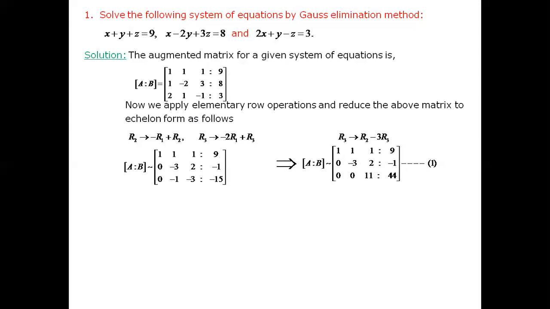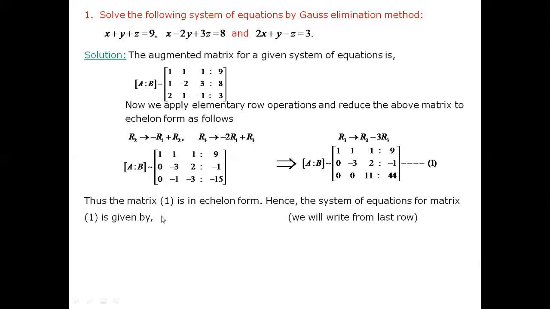And the last step of the Gauss elimination method says, for this echelon form matrix, we write the equations and we solve them. If we solve the equations, we get the values of x, y, z, which is the required solution. So how to write the equations for this?